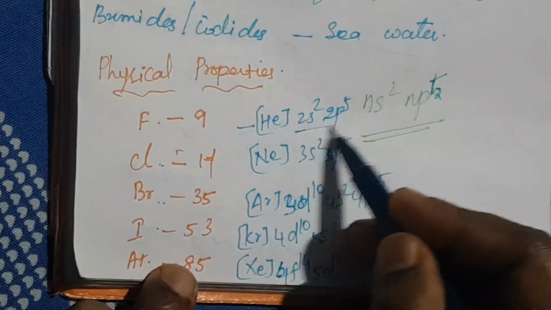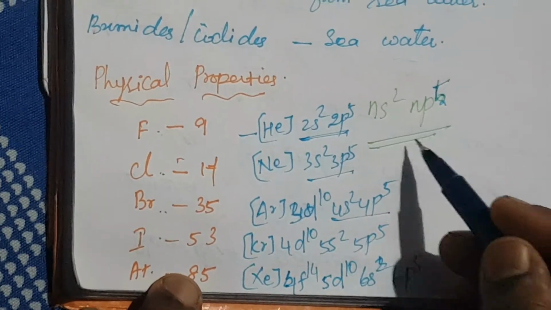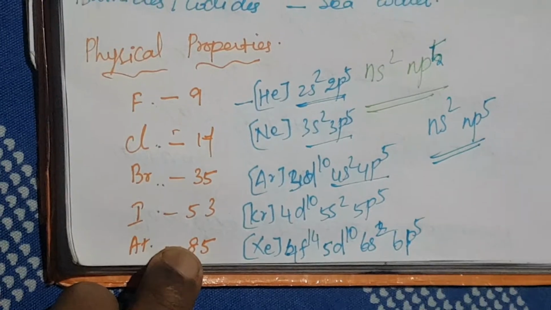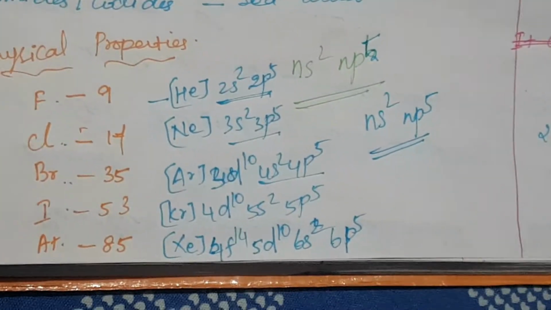So there are 7 electrons in the outermost shell. So the general electronic configuration is ns2 np5. These are the general electronic configuration of the halogens.